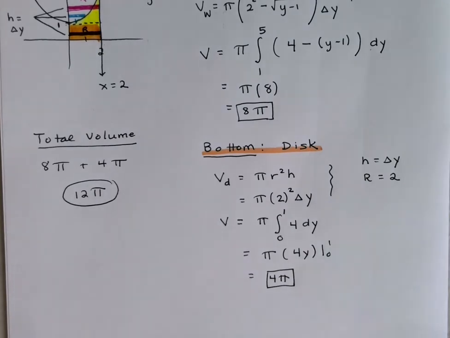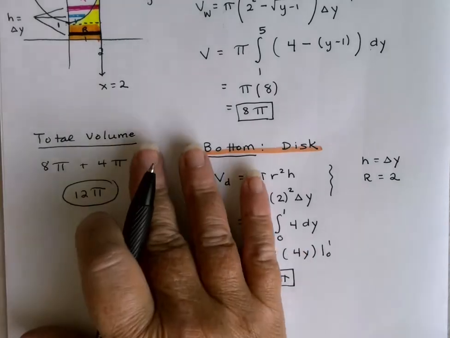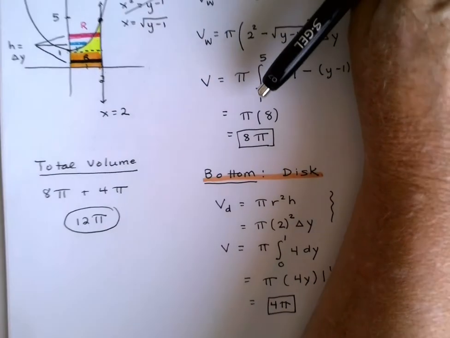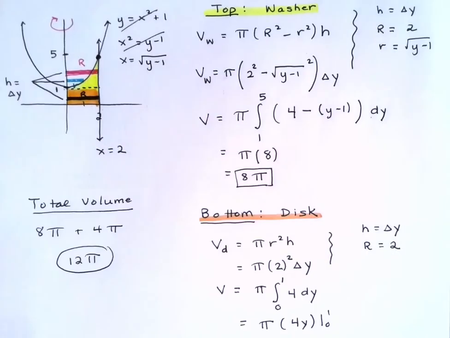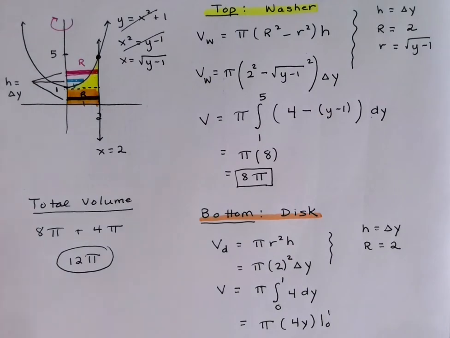All right, not difficult, doable certainly, but it was kind of a pain to have to use 2 separate techniques, 2 separate integrals in order to get the volume. So we might ask ourselves, perhaps is there a better way?